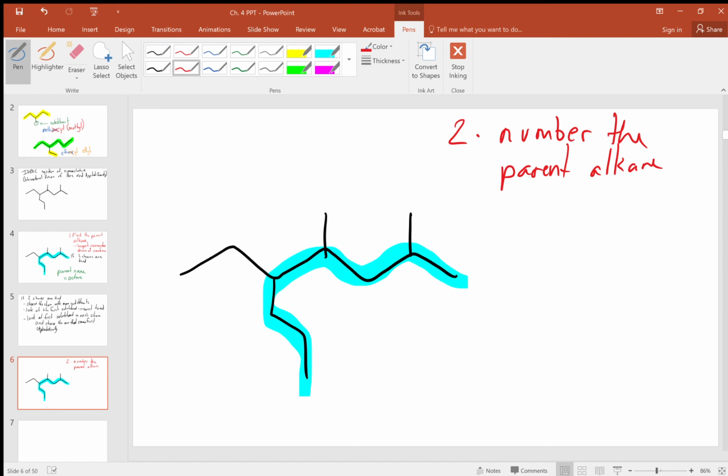The reason we need to number the parent alkane is once we name our substituents, we need to know where they are. And so that's what these numbers are going to tell us. Now, which direction do we number it? We can start here and go this way. Or we can go the other direction.